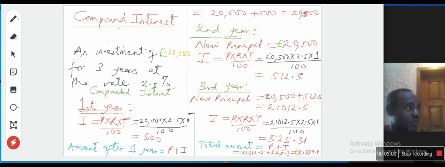If we are continuing with the investment on the third year, the new principal will be this plus this. That's what we did, and we calculate our interest again. If we are stopping on the third year, we'll go home with this amount. But if we want to continue, we use this as a new principal, calculate again, get an interest, and on and on until we run through the years.